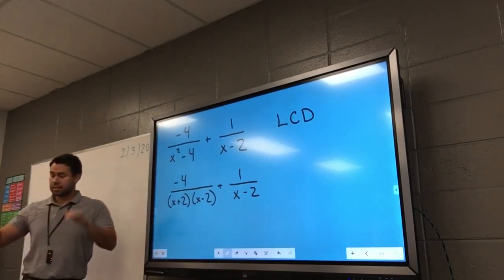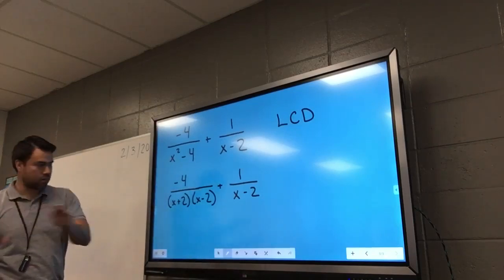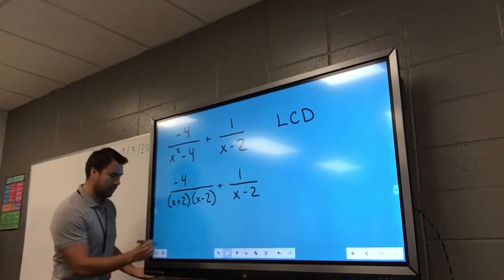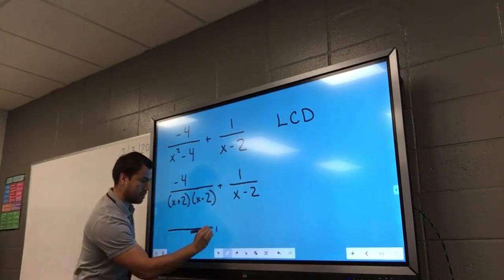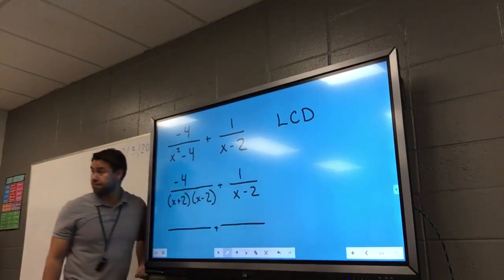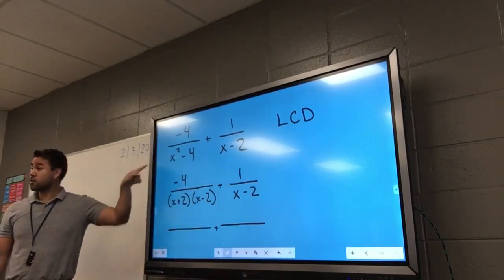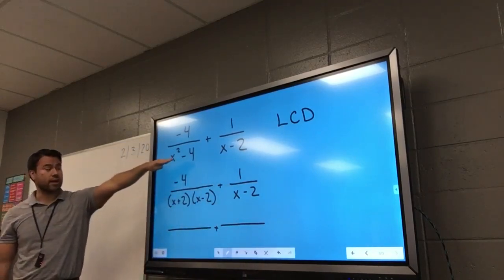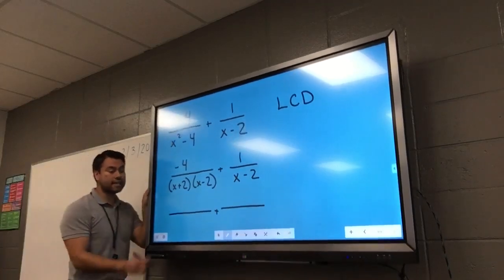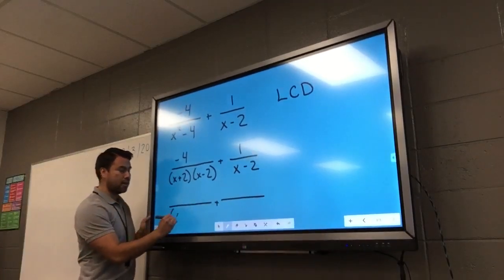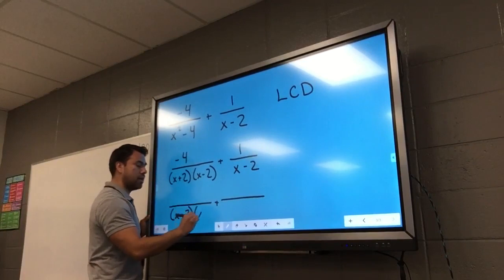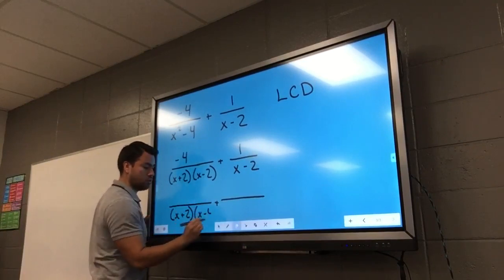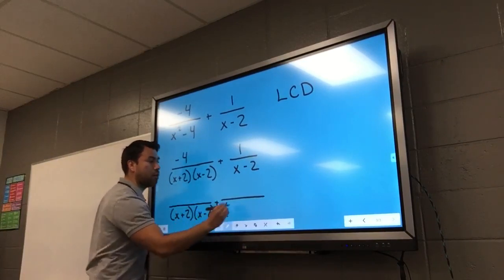What's the smallest denominator that both of these can fit into? X squared minus 4. Okay, x squared minus 4. That's actually correct. So what I'm going to say is in the factored form, x plus 2, x minus 2 for both of them.